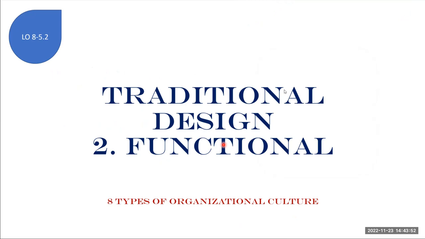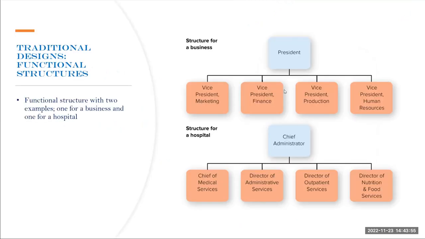The next one is a functional design. So a functional design is grouped by your function at the job, or your division or your department, right? It's grouped by similar work specialties. So the administrators are under one chief administrator and basically the various departments under administration, right? In the functional structure, people with similar occupational specialties are put together in formal groups.